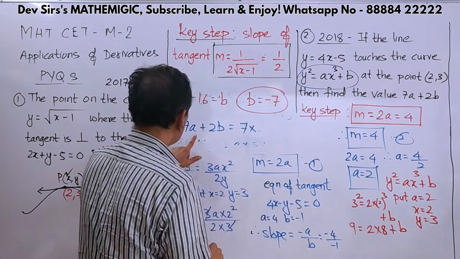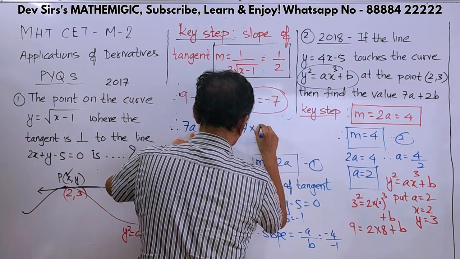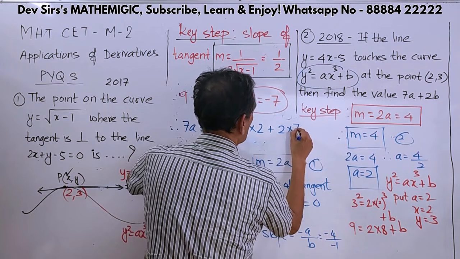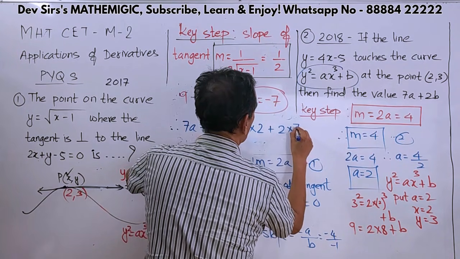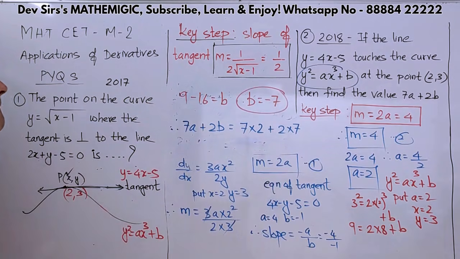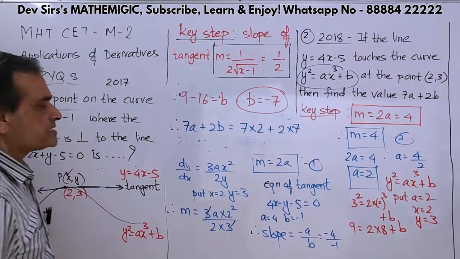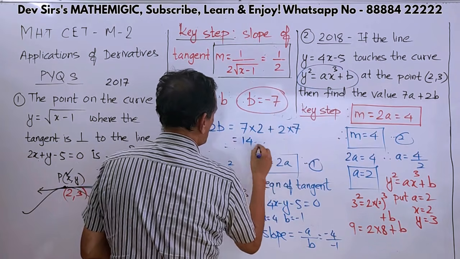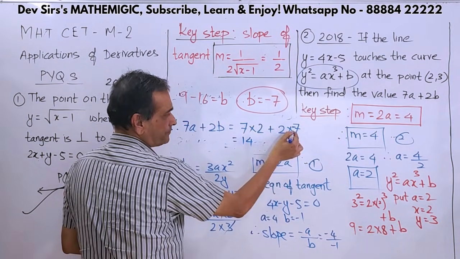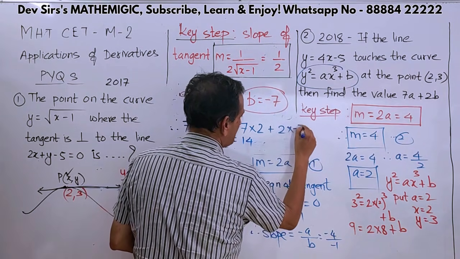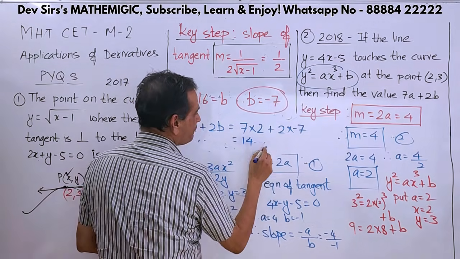A is 2, b is minus 7. 7 into 2 is 14, and 2 into minus 7, I am writing it carefully, 2 into minus 7, is minus 14.